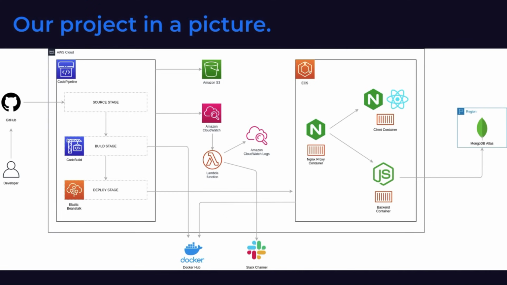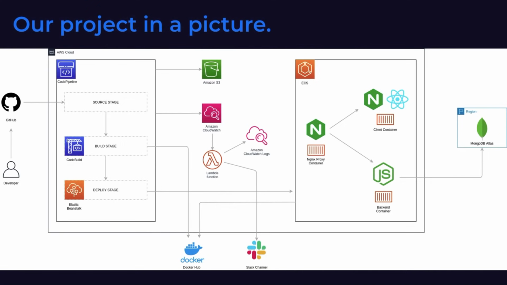The source stage pulls our source code from a GitHub repository, and in the build stage, what we're going to be doing is we're going to build our Docker images, and we're going to run some tests on the containers from those, and if we're happy with the tests, that is if they pass, then we want to push through those images over to Docker Hub.